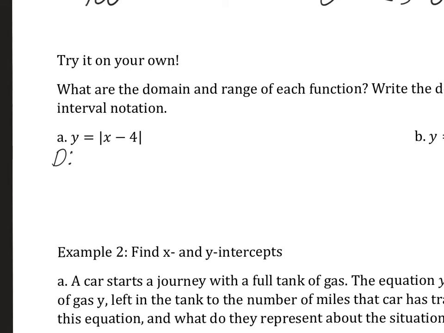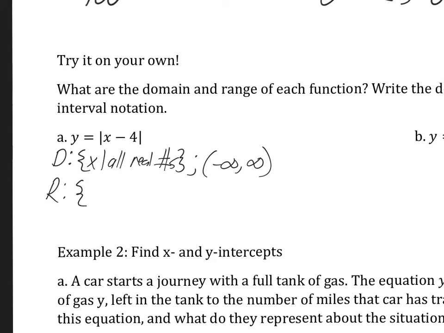No, there's not. So I'm going to say that I have x, where x is all real numbers. And then my interval notation is from negative infinity to positive infinity. And what do we put here, brackets or parentheses? Parentheses, because it's infinity.